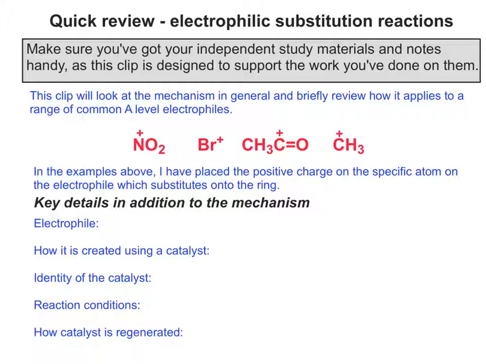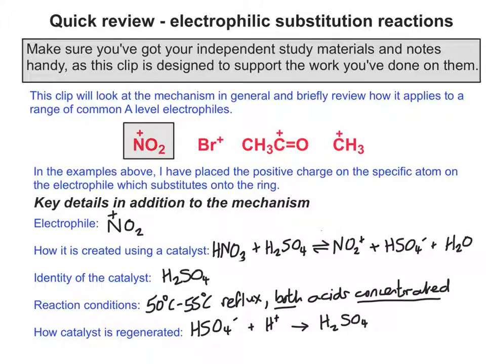So if we start with the nitro group, notice I'm keeping the positive charge on the nitrogen because that is the atom that carries the positive charge. So the equation is basically a nitrating mixture which forms the electrophile plus HSO4 minus plus H2O.